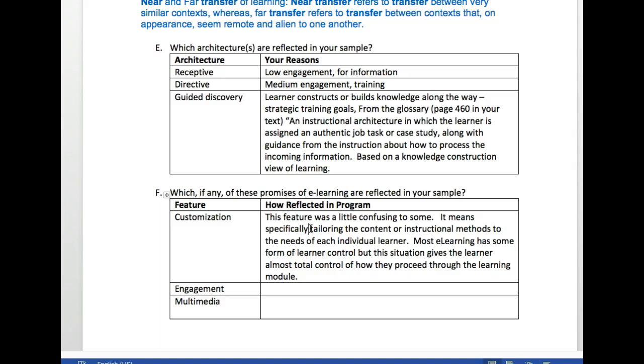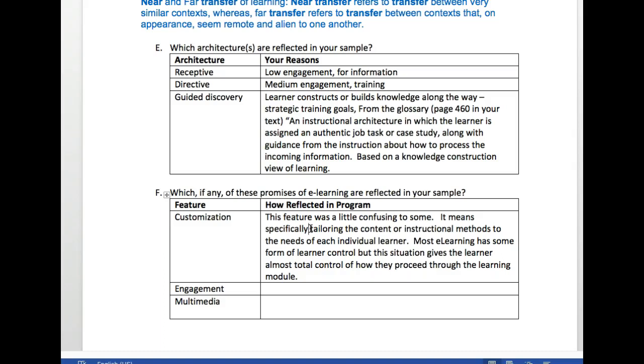So you may want them to go step by step, but if you have it customized to each individual learner, they may want to jump ahead and go ahead and take the assessment without going through the steps. A good way to think about this is if any of you ever had to do any training at work, which most of us do, we have annual required trainings we have to do.